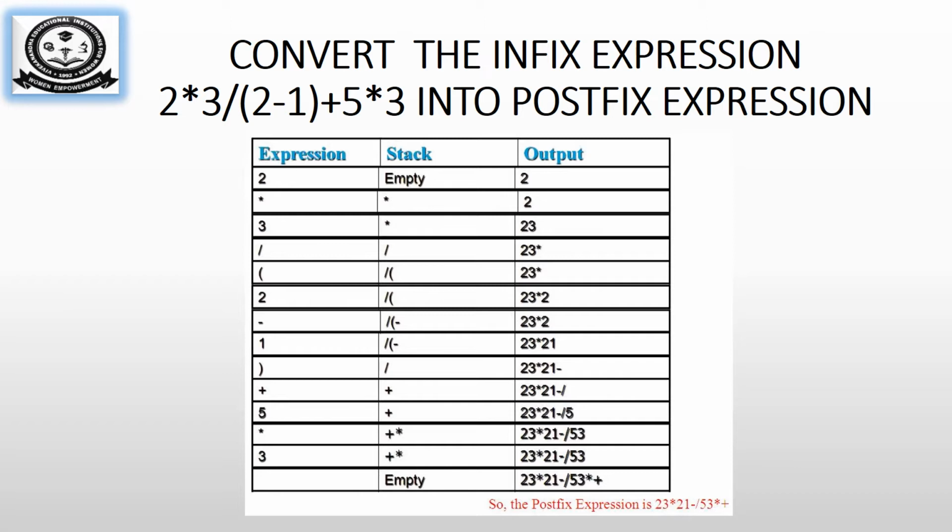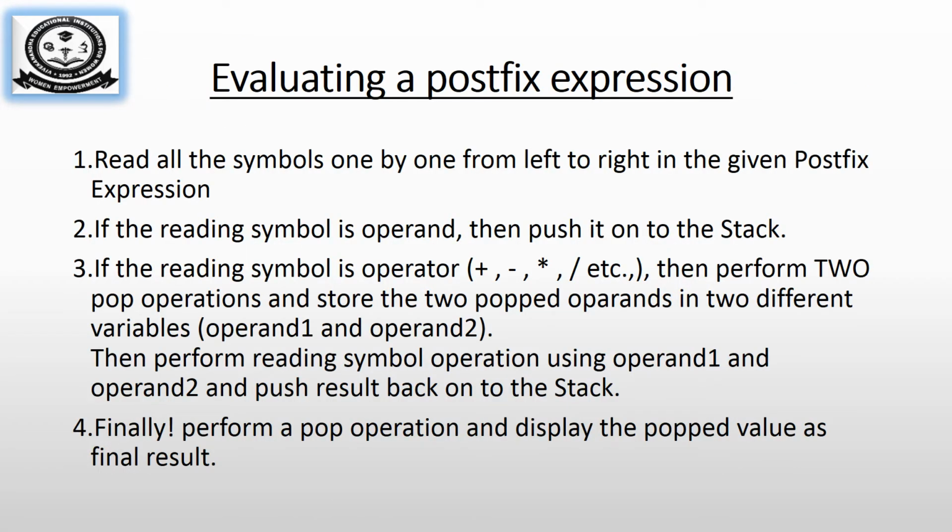Then 3 comes, 3 will be printed. We have reached the end of the string, so we pop all the symbols from the stack. First star, then finally plus. So the infix expression converted into postfix is 23 star 21 minus slash 53 star plus. The next application of stack is evaluating a postfix expression.